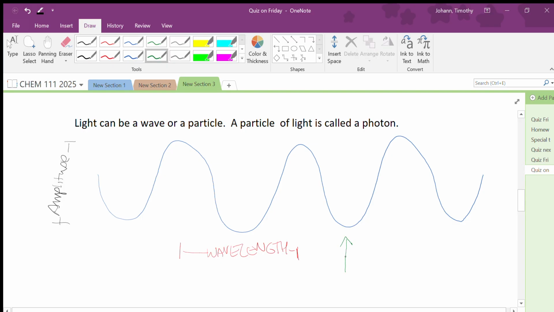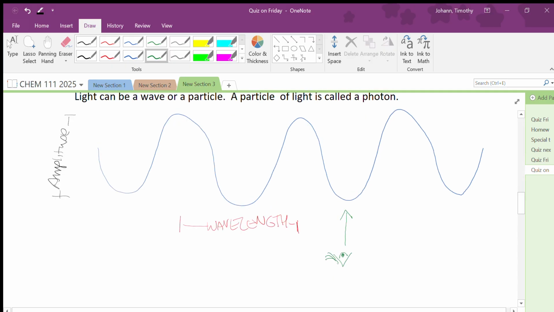So if we had our eye here and we were watching the wave, let's pretend this is our eye, do some eyelashes. That's why I don't teach art. And the frequency is how many waves go past per second.